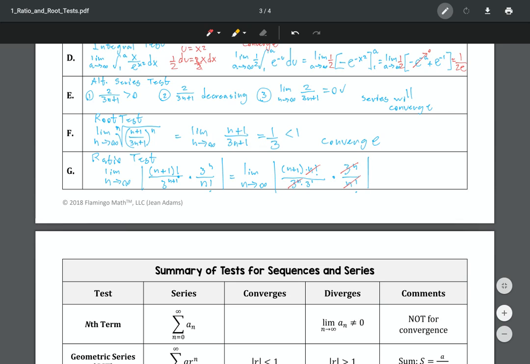What I have remaining will always be positive, so I'm going to get rid of the absolute value. So I have n plus 1 over 3, which goes to infinity. Because infinity is greater than 1, this is going to diverge.